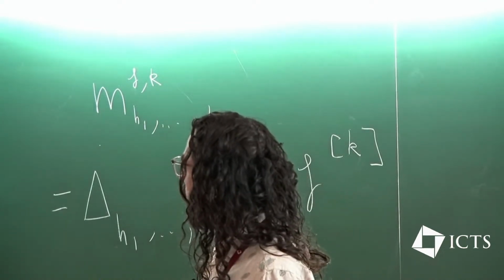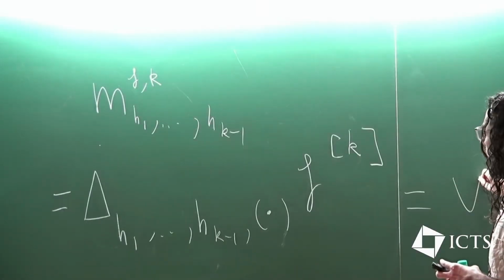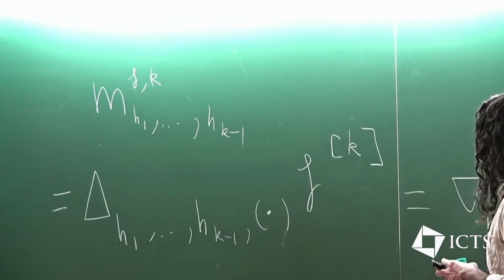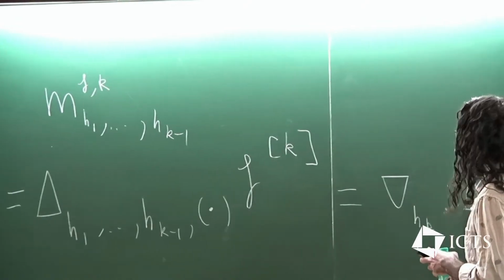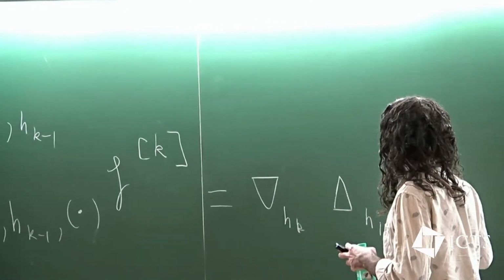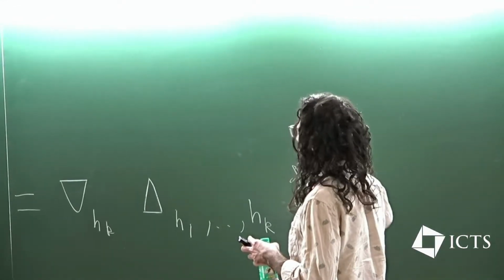So this vector m is just the gradient with respect to the last vector hk of the forward difference operator h1 up to hk f.